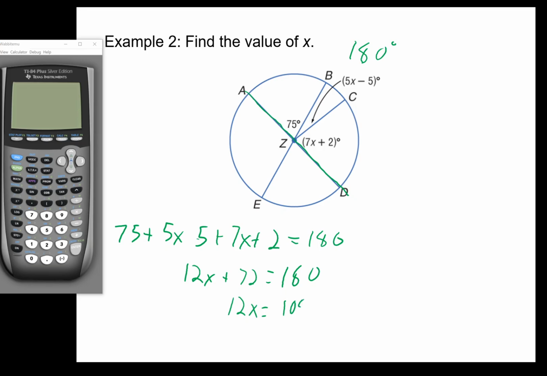Gives me 108. 108 divided by 12 is 9. So x equals 9. Remember, if I'm going too fast, you can always just pause the video right here before we move on to number 3.